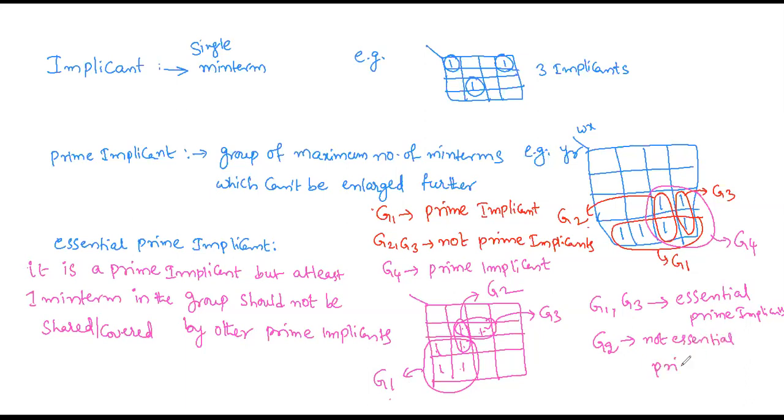If a group has at least one minterm which is not shared by other implicants, that is called an essential prime implicant.